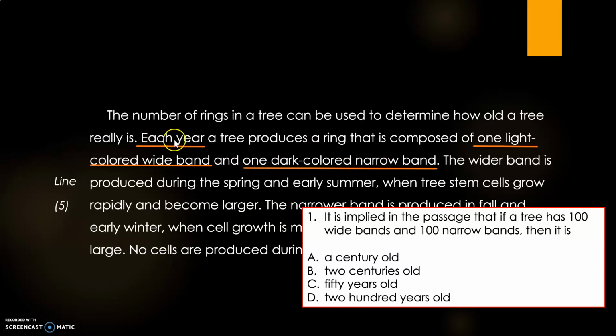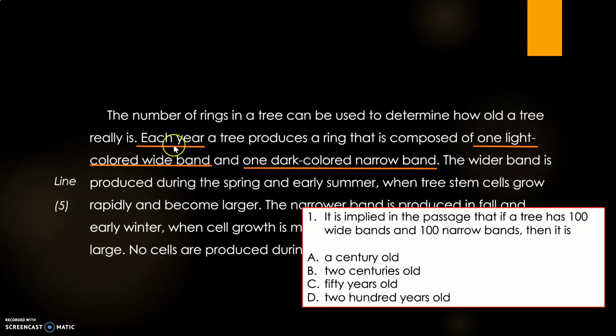So let's read it. Each year, a tree produces a ring that is composed of one light colored white band and one dark colored narrow band. So if each year, or 1 year, it has one white band and one narrow band, what about if there are 100 narrow bands and 100 white bands?